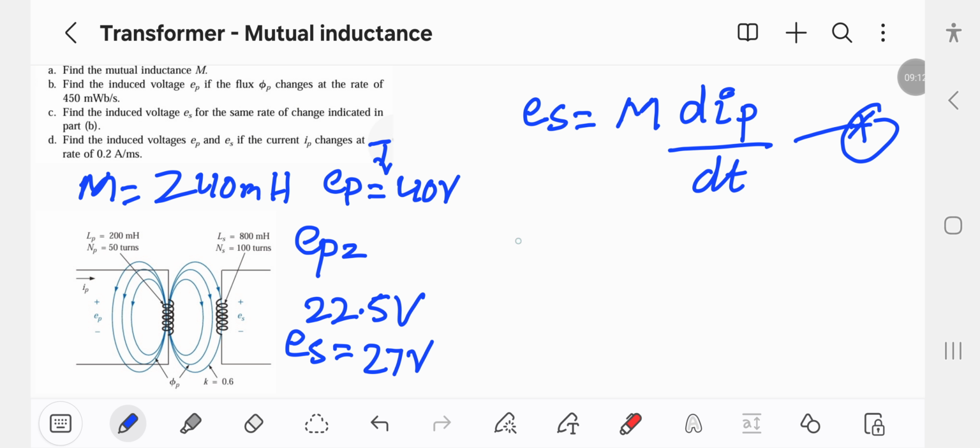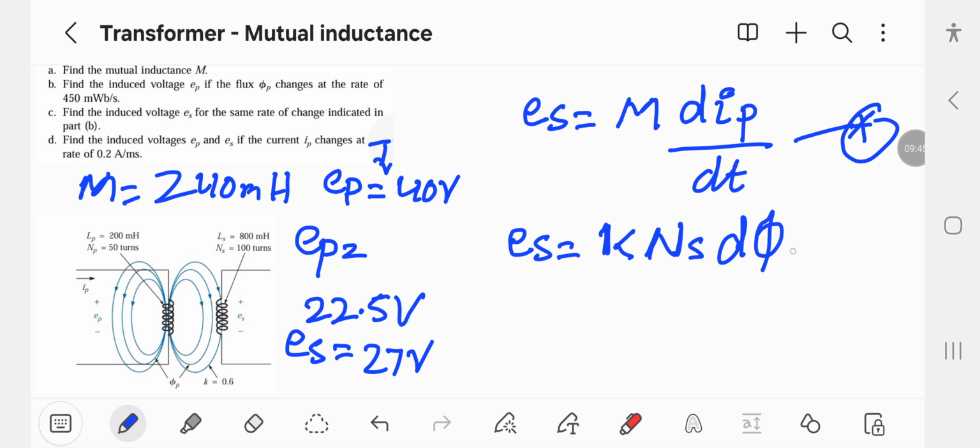So the induced voltage inside the secondary coil is equal to the number of turns of the secondary coil and the rate of change of flux.